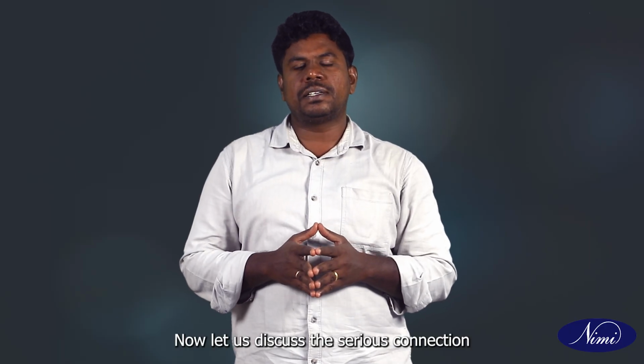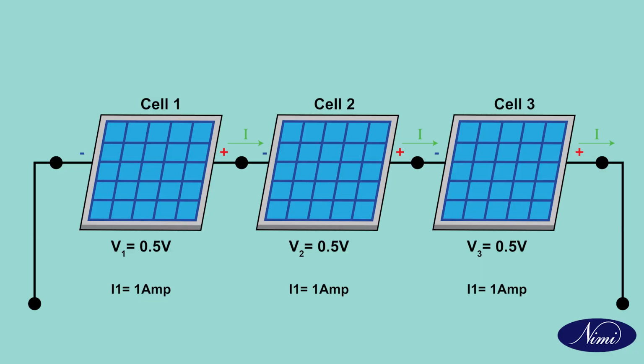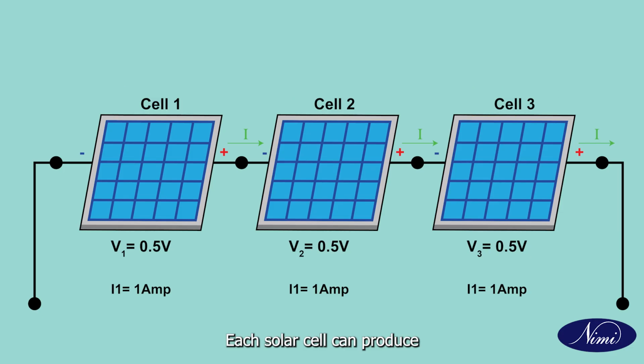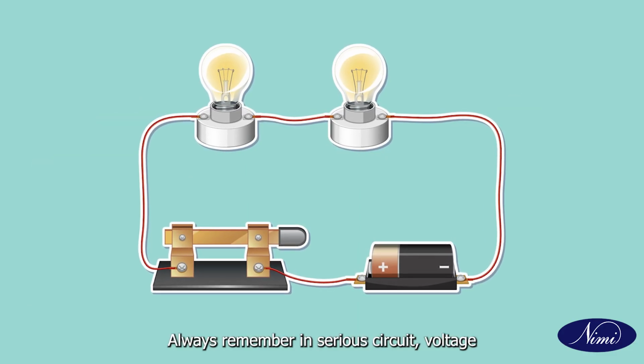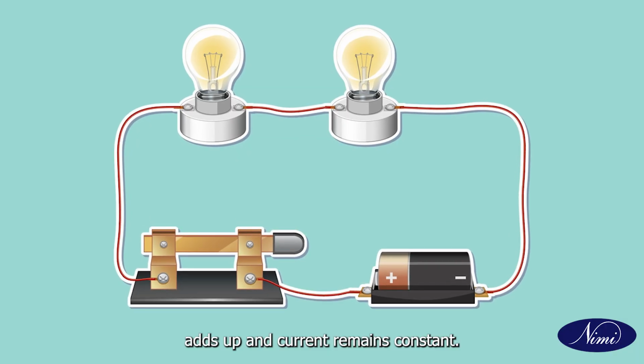Now, let us discuss the series connection of solar cells with an example. In the given picture, 3 solar cells are connected in series. Each solar cell can produce 0.5 volt with 1 ampere. Always remember, in a series circuit, voltage adds up and current remains constant.